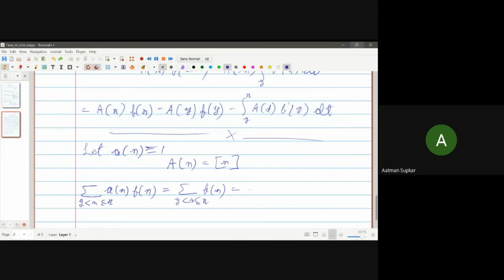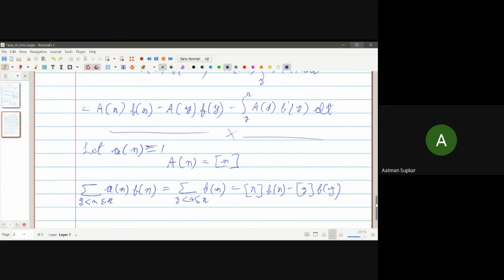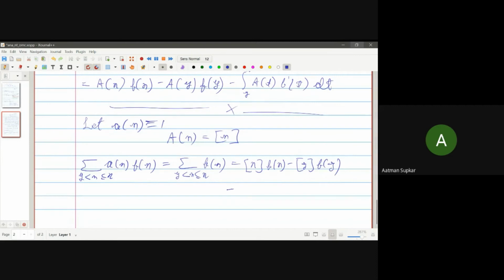Refer to it as a dual algebra. It is the greatest integer of x, f of x, minus the greatest integer of y, f of y, minus the integral from y to x of the greatest integer of t, f dash t dt.